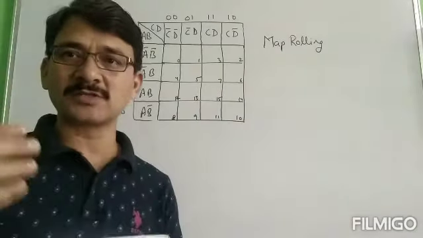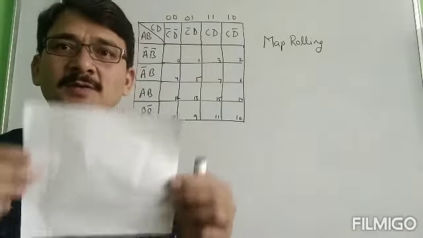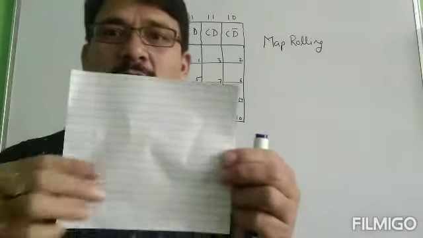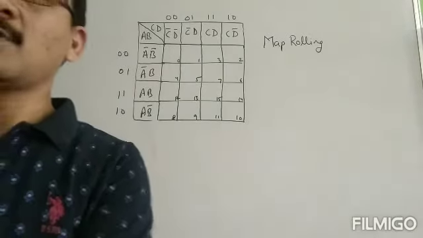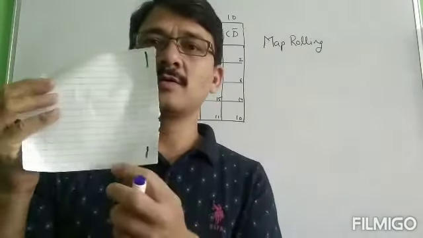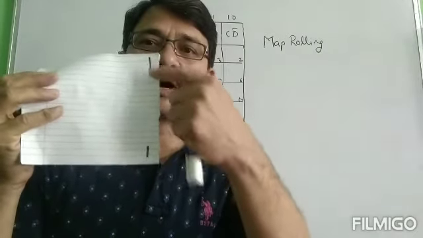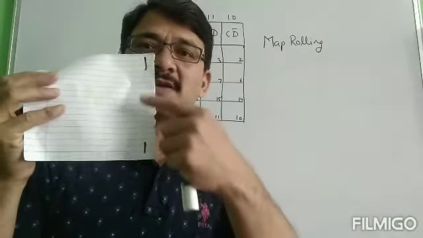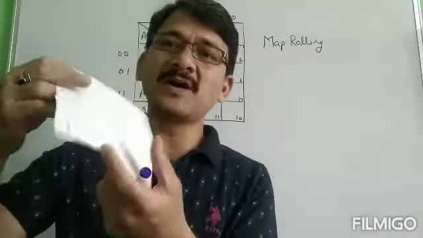Map rolling means the concept of geography where you understand a map by rolling it. So if you have this paper, and on the corners of this paper you have 1s, you don't see it, because in between you have many other elements, you can't form a pair directly with this by skipping all these rows. So this pair can be formed by map rolling.